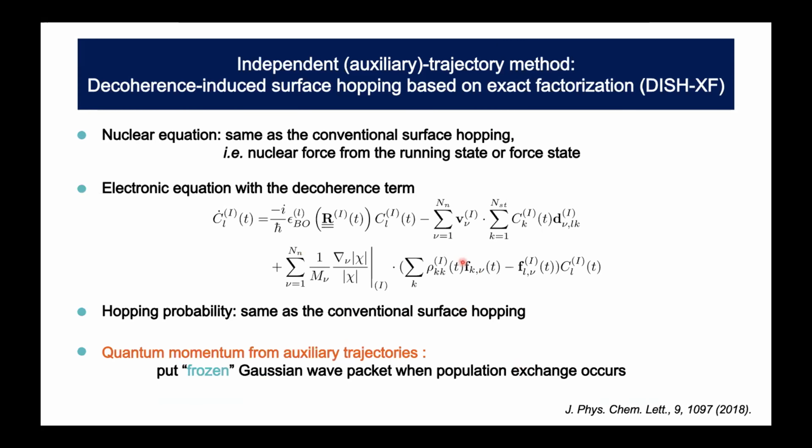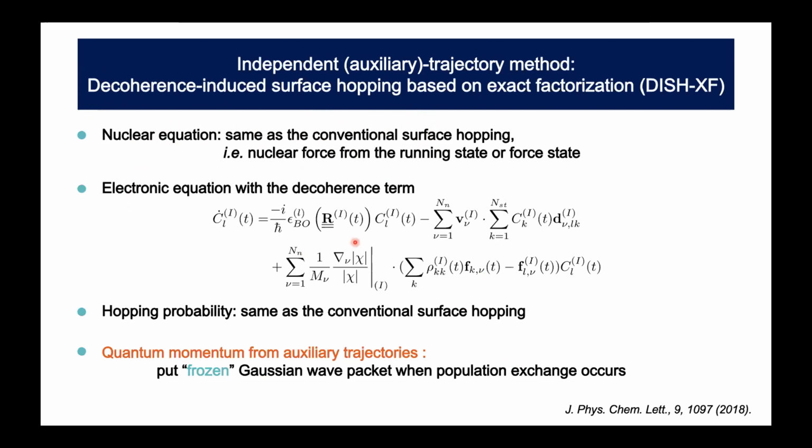The basic idea is simple. We know that the conventional surface hopping dynamics can handle the nuclear wave packet splitting quite correctly, right? So we just keep the nuclear wave function, the nuclear equation, the same as the conventional surface hopping algorithm. However, the only difference is what?